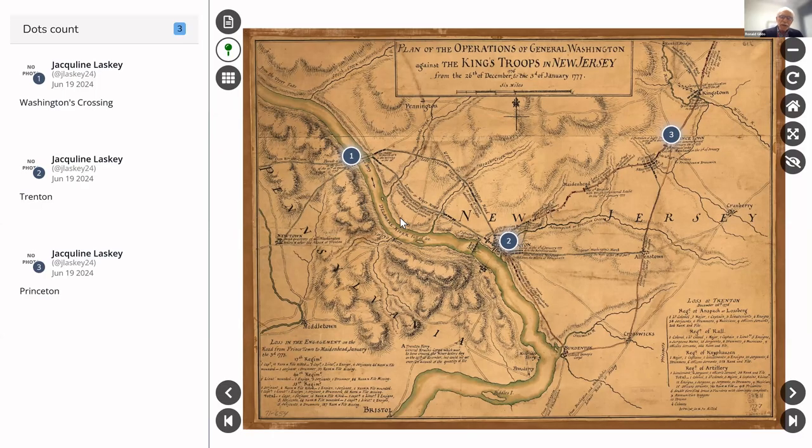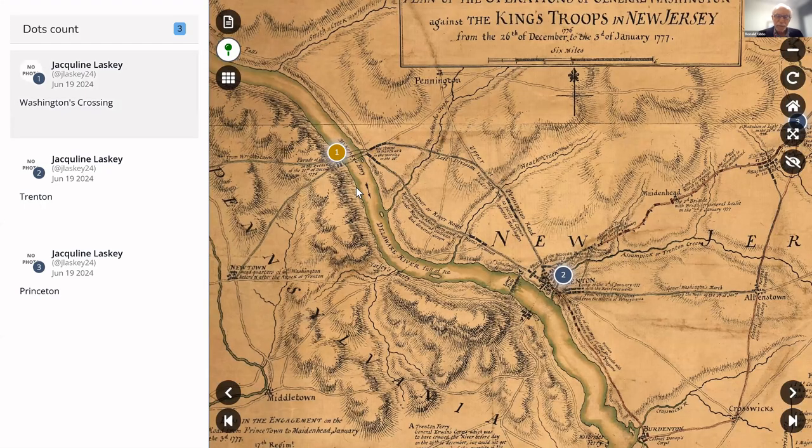With George Washington's options very limited, with his back to the wall, with the cause of independence on the line, he decides to take a very risky gamble and he goes on the attack. At dot number 1, on Christmas night, 1776, he crosses the Delaware. And why does he cross the Delaware?